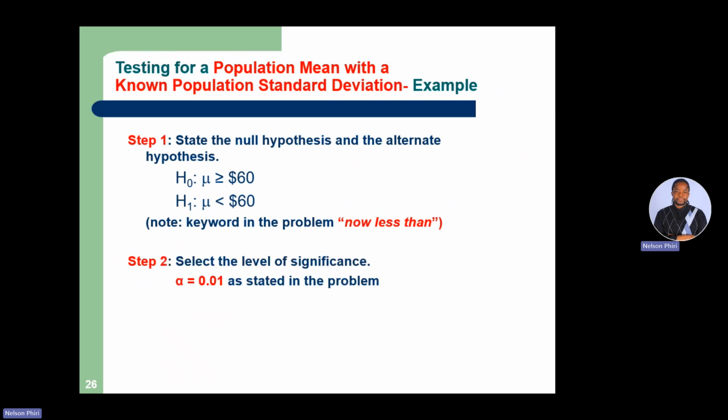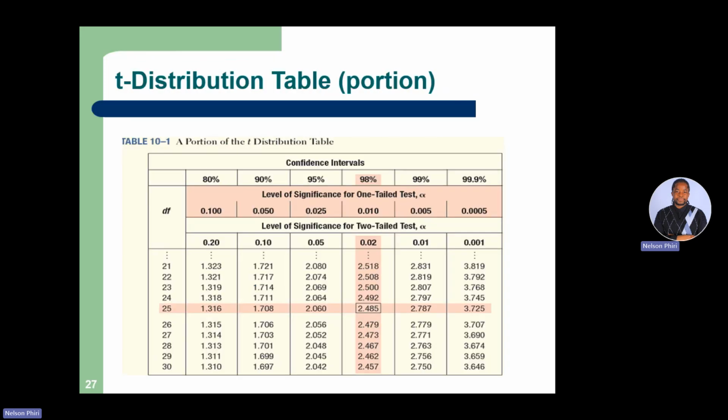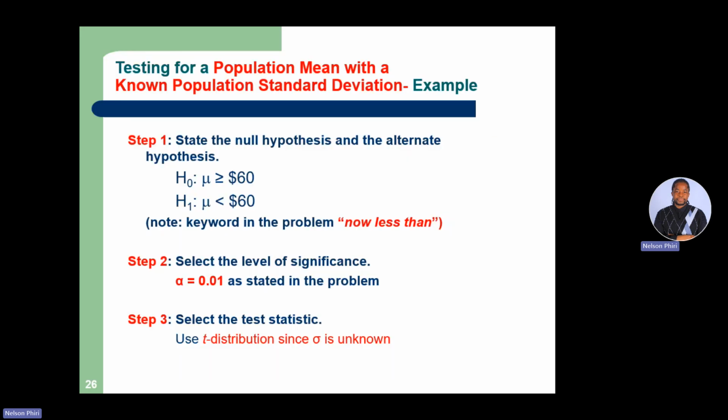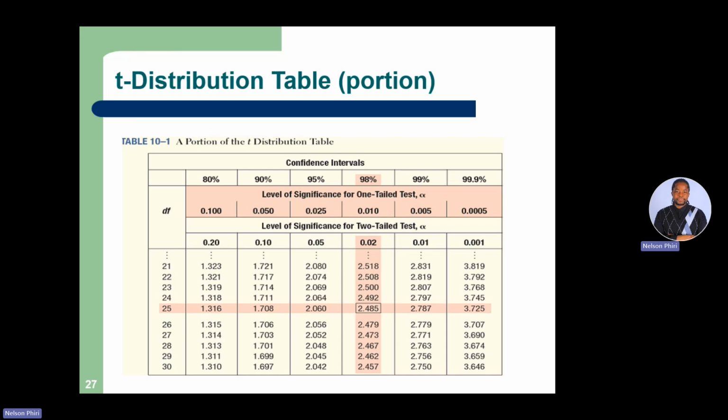The level of significance is 1%, as shown in the question. Then we use a t distribution since sigma, the population standard deviation, is not known. If you look in the t tables, you look at 25 degrees of freedom since you have 26 observations. We're looking at the 1% significance level, so this is a one-tailed test.